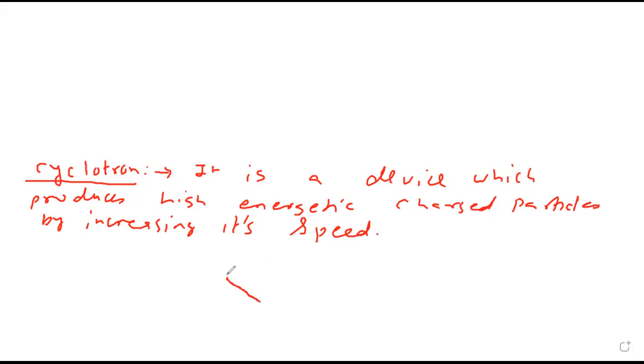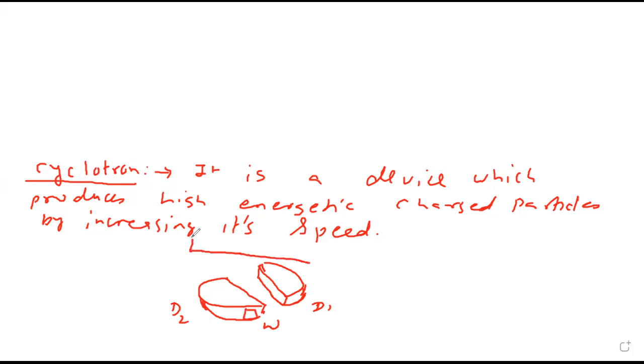It consists of two hollow semicircular steel chambers called Ds, denoted as D1 and D2, with a small window in the second D. A strong magnetic field, by a horseshoe magnet or electromagnet, is made to pass perpendicular to the plane of the two Ds.